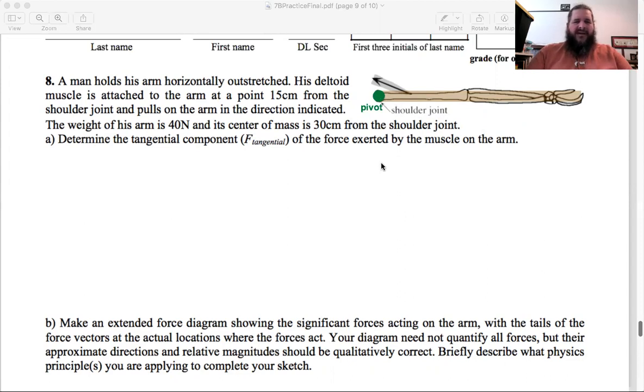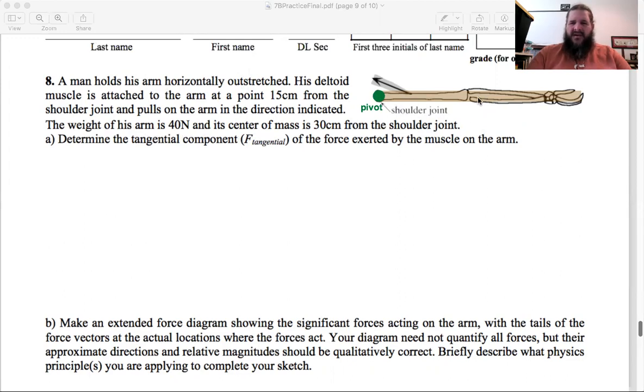So what forces are acting on the arm here? The weight of the arm. Yeah, so that'll be a force of gravity. And we know that's 40 Newton. Where should we say that's located? In the middle.